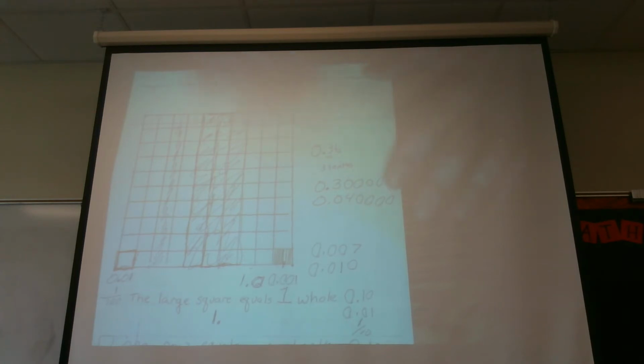Now another thing they might ask you to do is they may give you a number, they being me, and then ask you to write it in expanded form. You've done expanded form before. So if I gave you the number 327 and 4/10, you've done expanded form before, but not all the way out to the thousandths place.